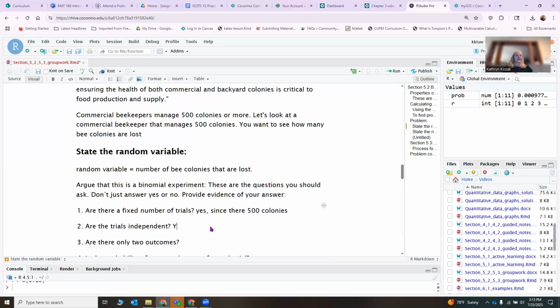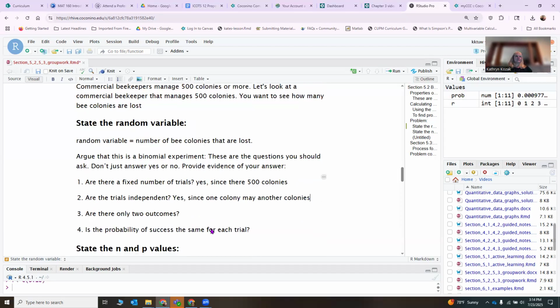We're going to go ahead and say yes, because we can't do the work without that. But we're going to realize that that might actually affect what happens in the end. We're going to say yes, since one colony may not affect another. But again, this may not be true.